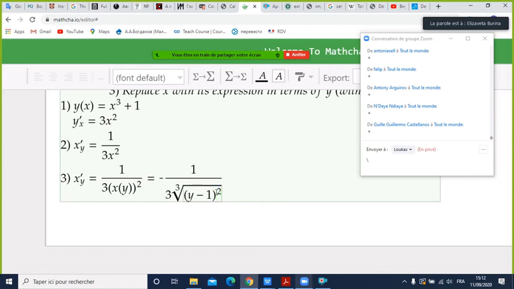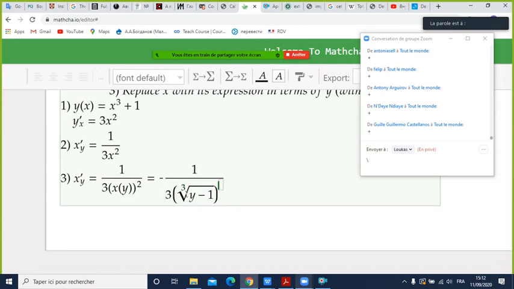Because, for it to be a little clearer, we can just do it like that. Okay, perfect. So how did we just now get this expression?